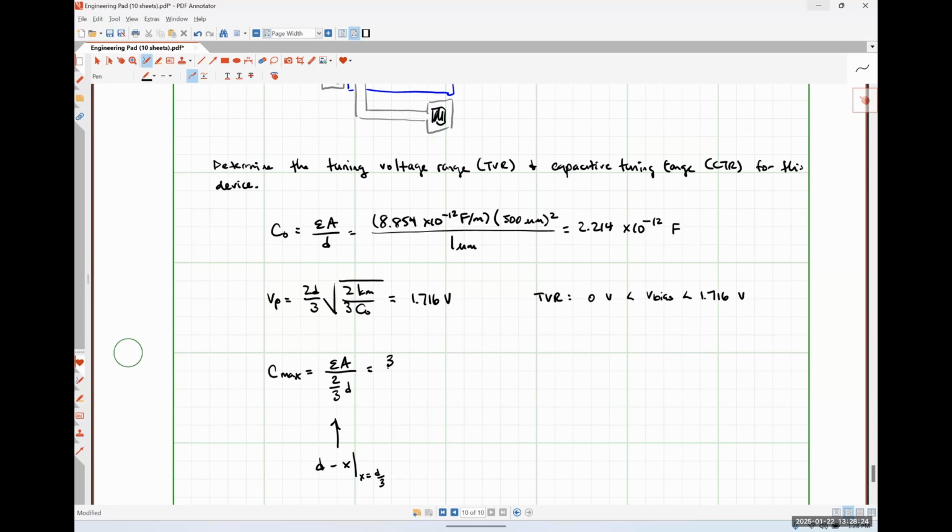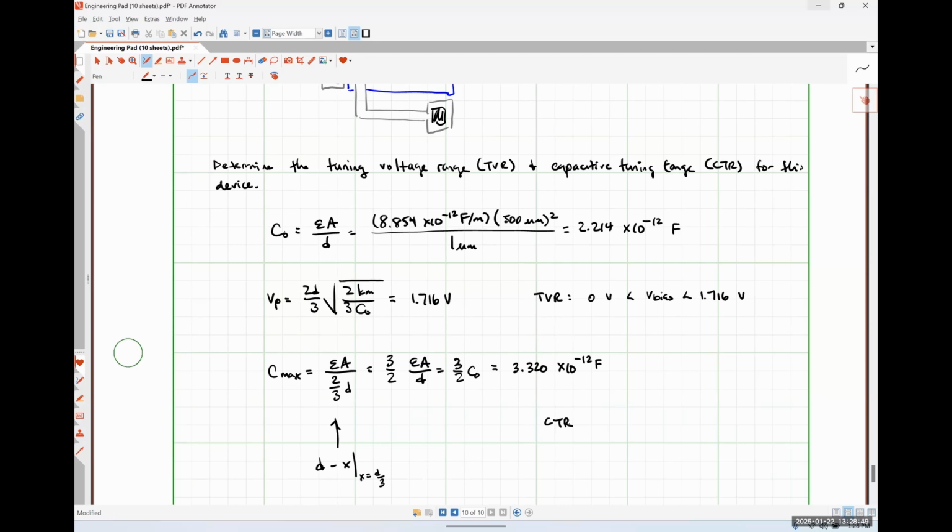This is the same thing as 3/2 epsilon A over D, or 3/2 C naught. So that's going to come out to be 3.320 times 10 to the negative 12 farads.